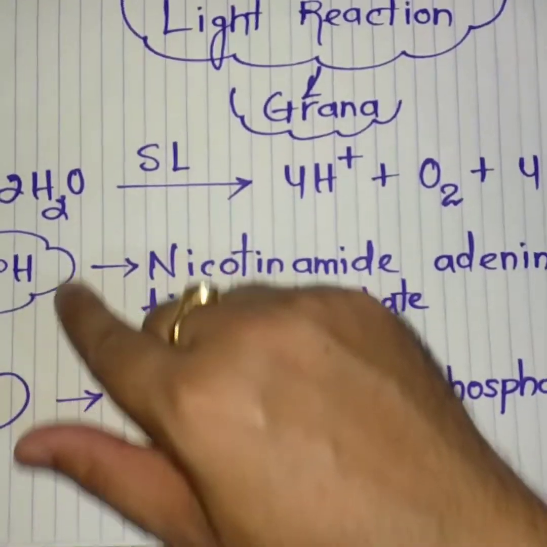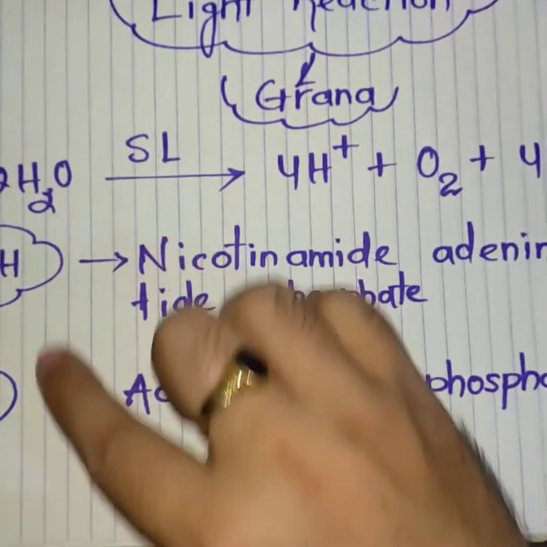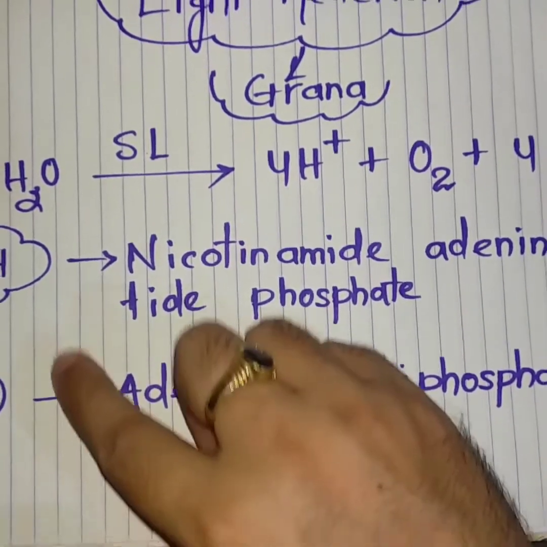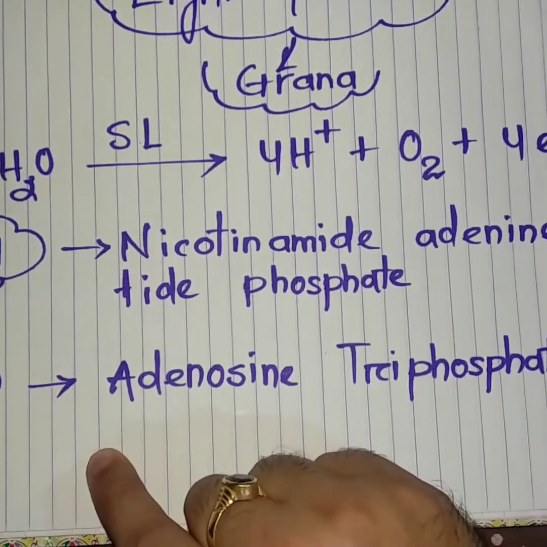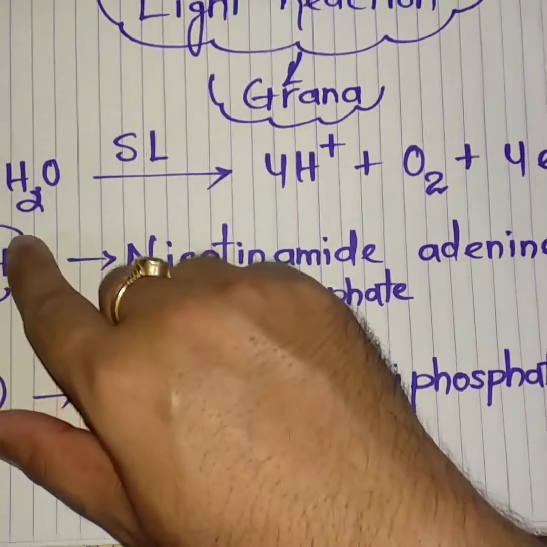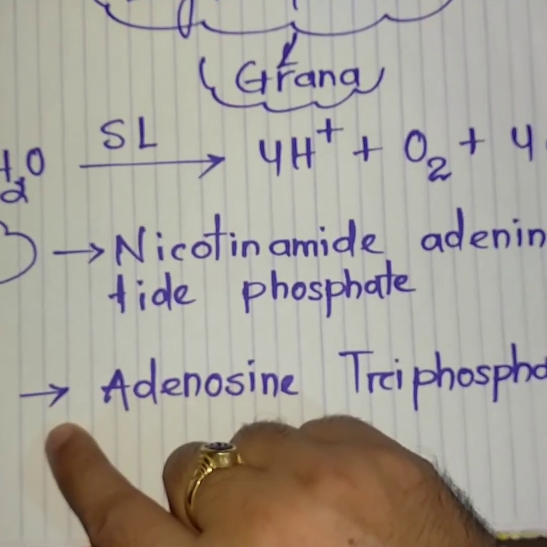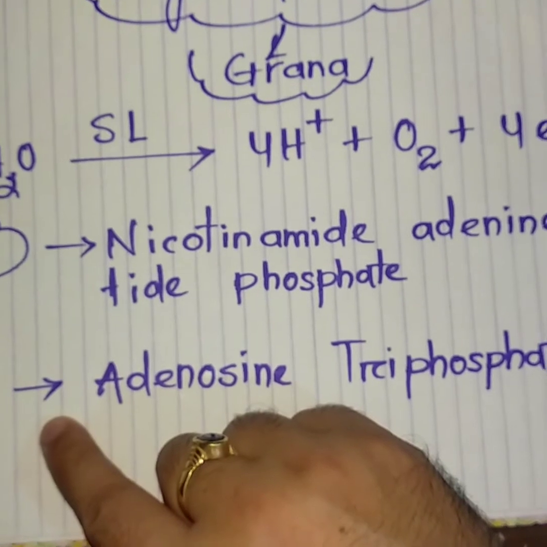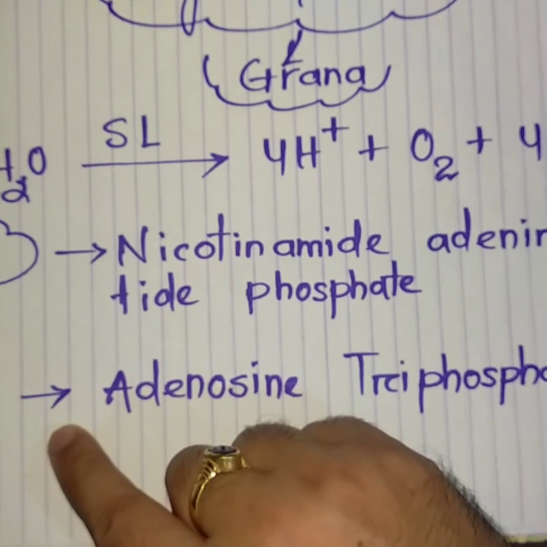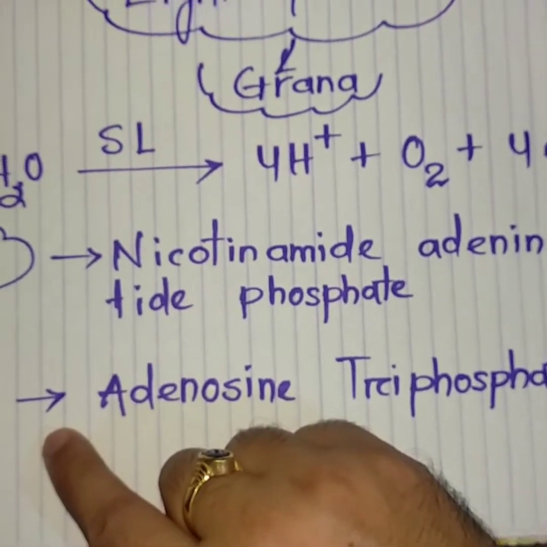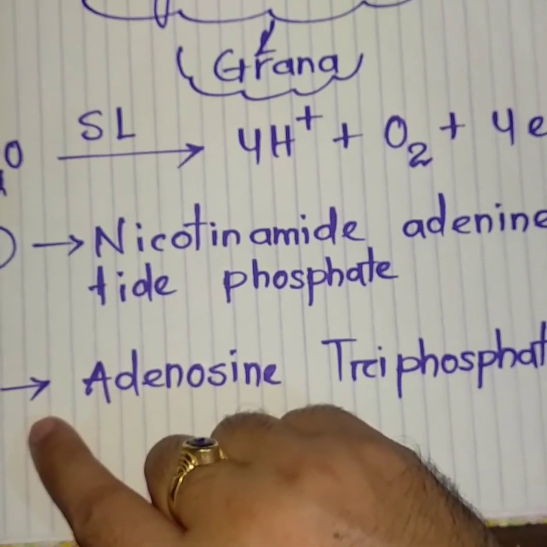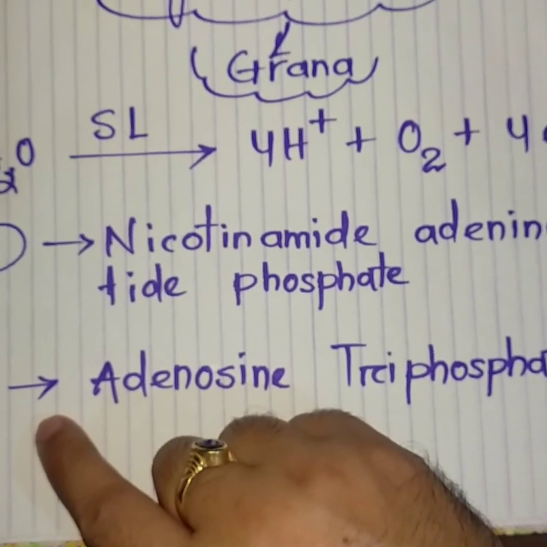These two are quite important because they provide power for the photosynthesis process. These two energy providers provide a huge amount of energy to the dark reaction, and you will be surprised to know that the dark reaction is completely based on enzymes and enzymatic actions.